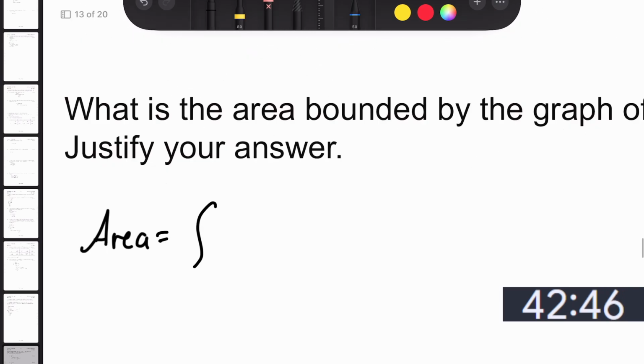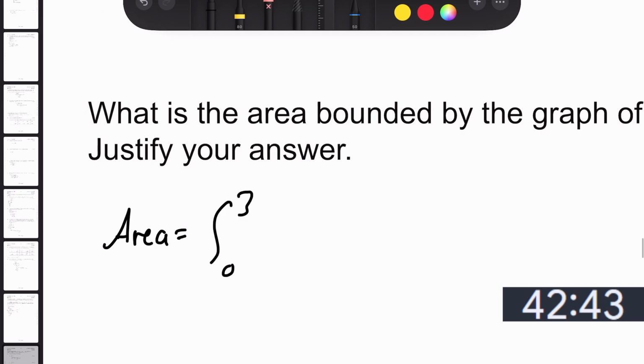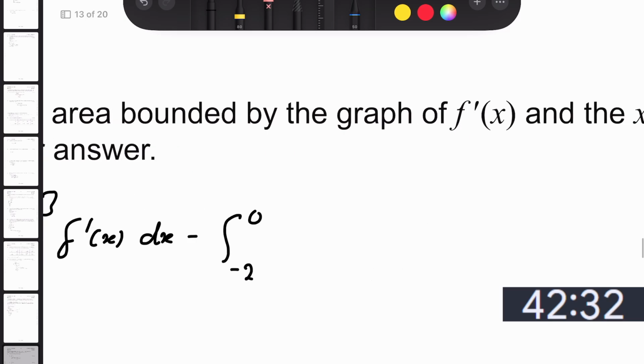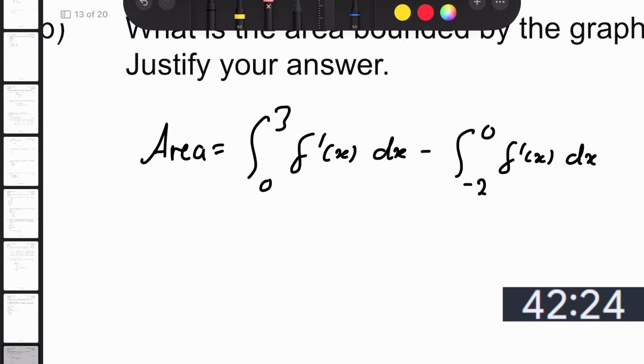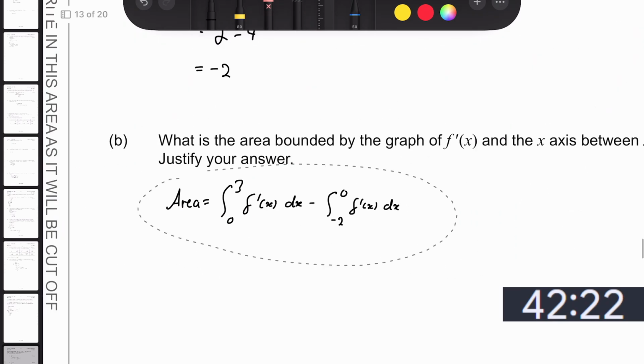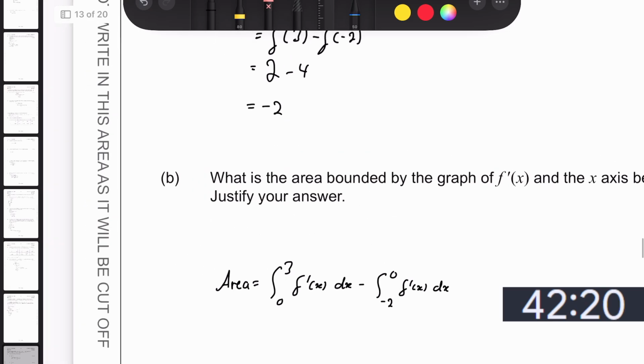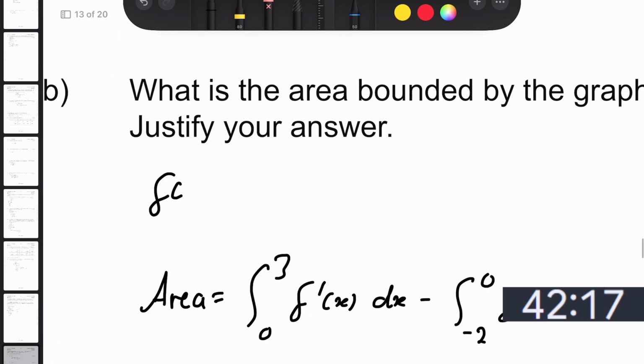So 0 to 3 of f dash of x dx minus negative 2 to 0 of f dash of x dx. I just write here that f dash of x less than 0 given that negative 2.